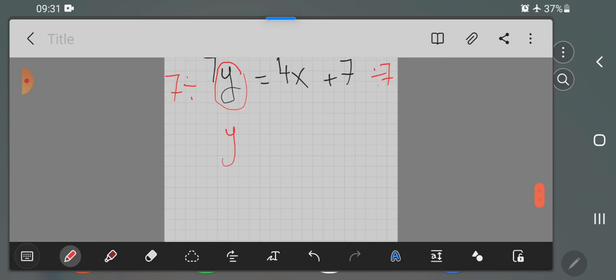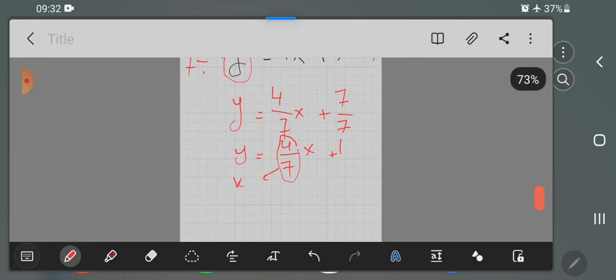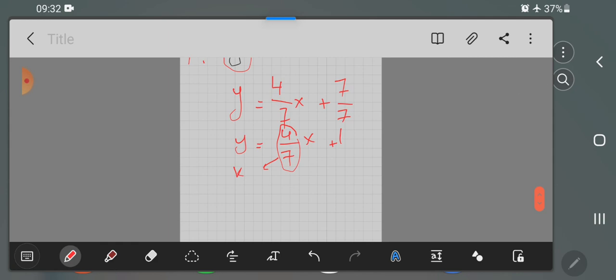So we have here y equal 4 over 7x plus 7 over 7, which is 1. 4 over 7x plus 1. Here do you have a value for the k? Yes, it's 4 over 7. But wait, I can see here an obstacle or something more. It's another constant, plus 1. Here we have another constant.